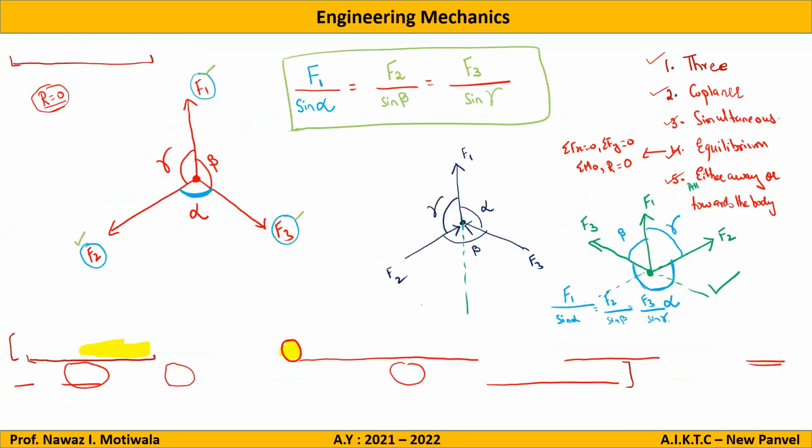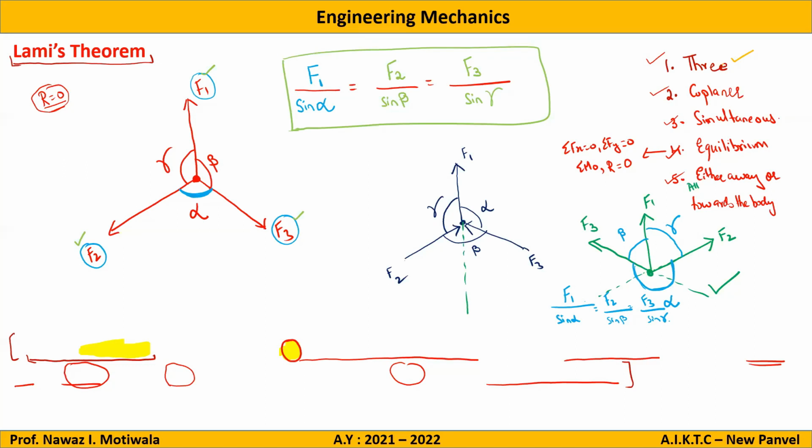And the last one which we have seen is Lami's theorem. Before applying Lami's theorem, we have to check whether it is applicable or not. To check this, we have to check 5 conditions. First, there should be only 3 forces acting at a point simultaneously.